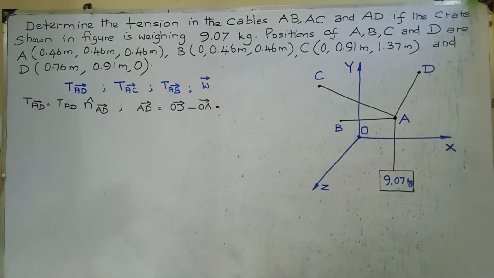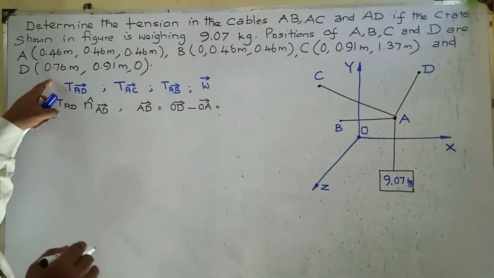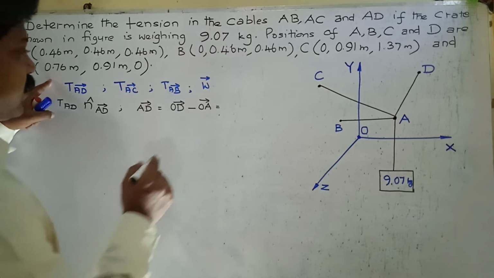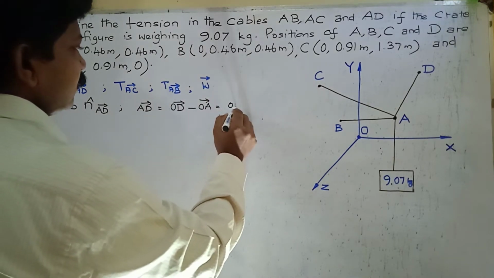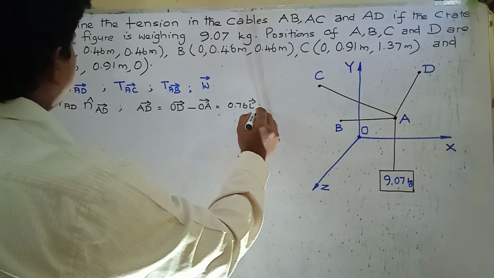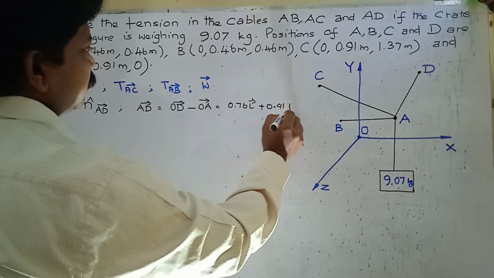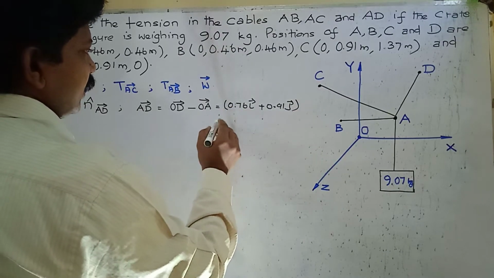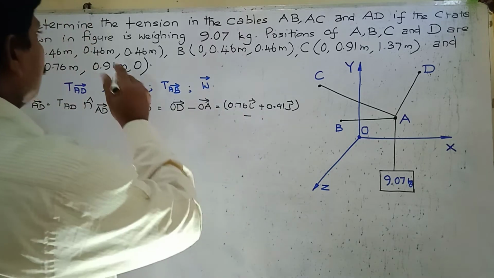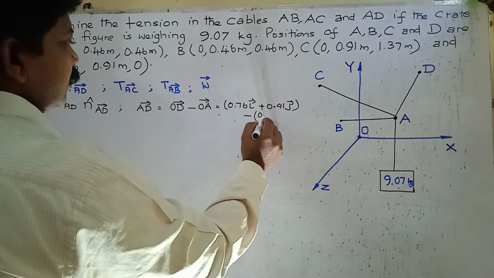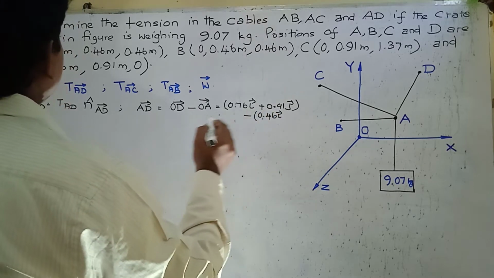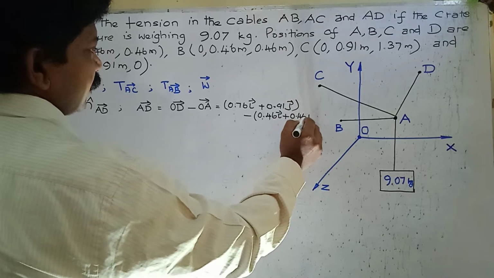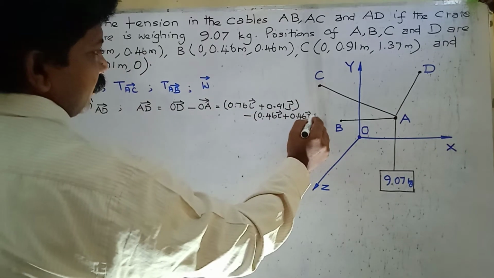So what is OD vector? OD vector equal to 0.76 i vector plus 0.91 j vector, minus OA vector equal to 0.46 i vector plus 0.46 j vector plus 0.46 k vector.